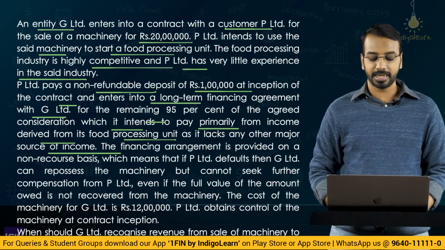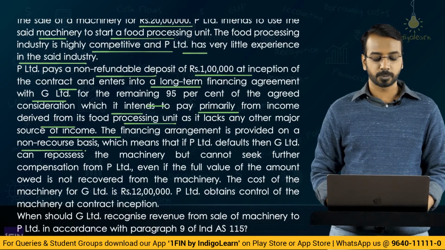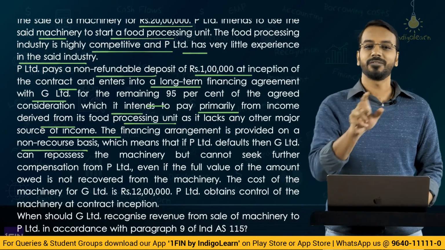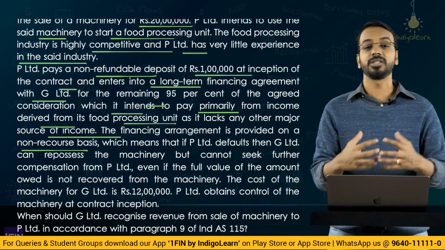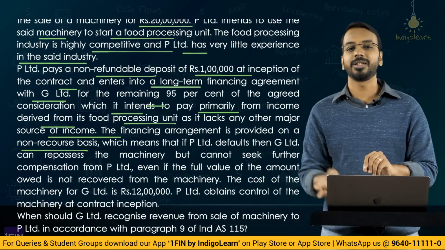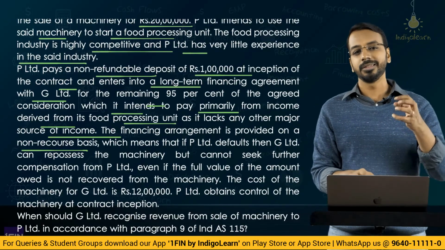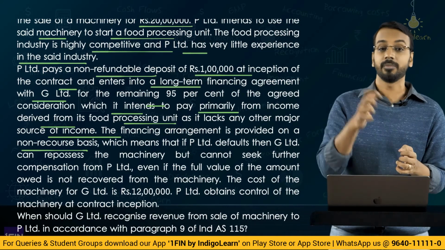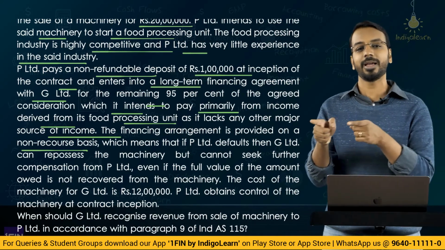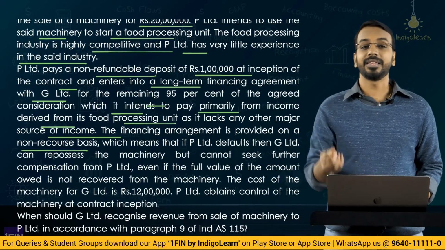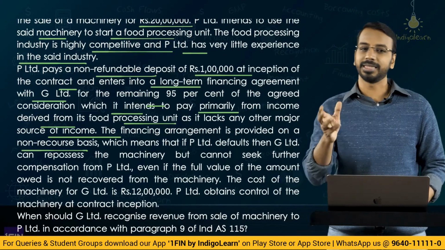Then the financing arrangement is provided on a non-recourse basis. Now, what is the meaning of non-recourse basis? Remember the concepts that you learned in financial management at CA Inter. Non-recourse basically means if P Limited does not pay the amount, then G Limited can get back the machinery, but it will not be able to collect the amount from P Limited. So, if the customer has the financial ability to pay, they will pay.